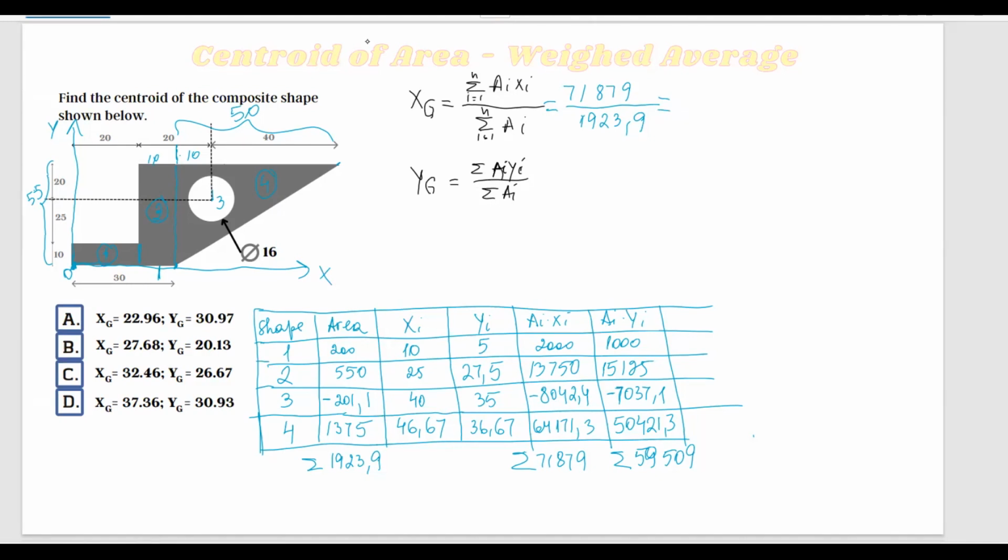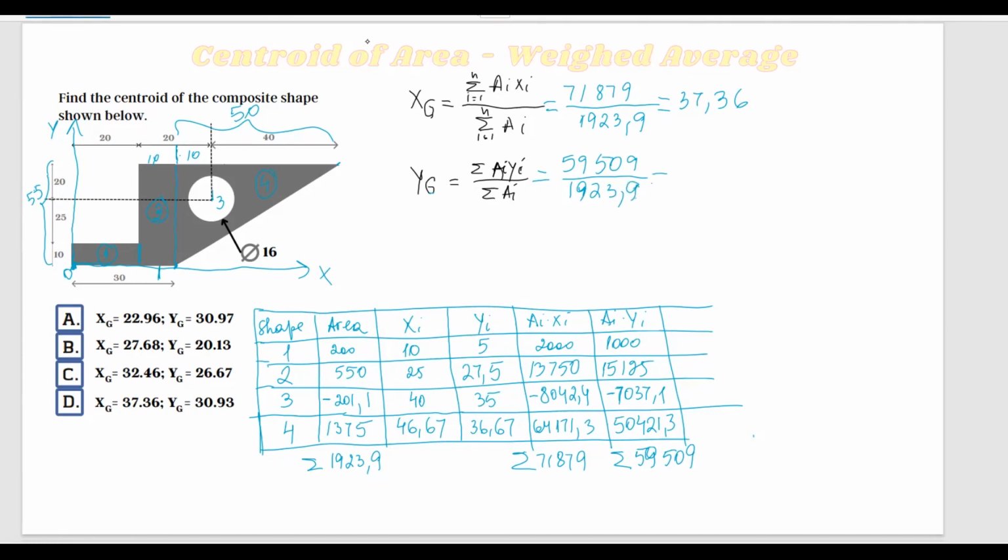And this gives me the x value of the centroid, 37.36. Next, let's also calculate the y value of the centroid, which is 59,509 divided by 1,923.9.